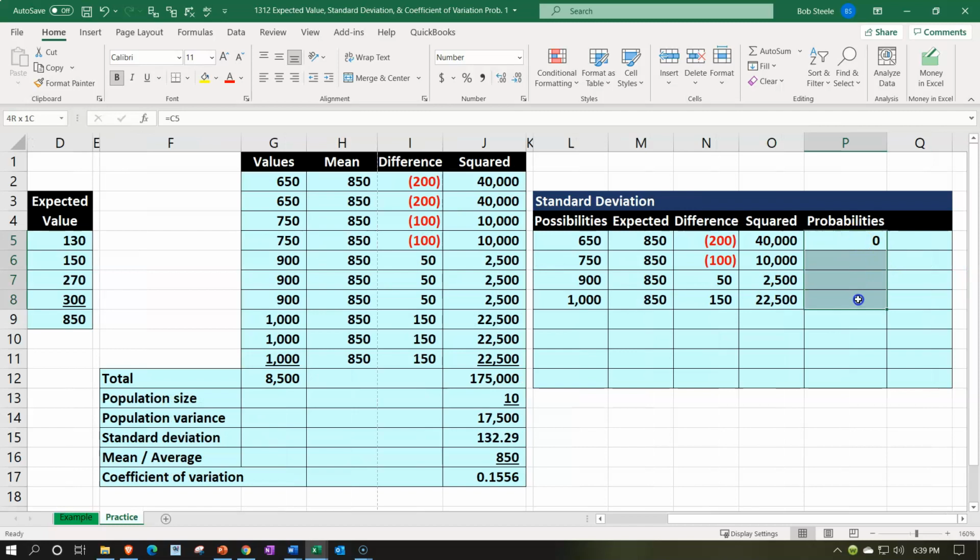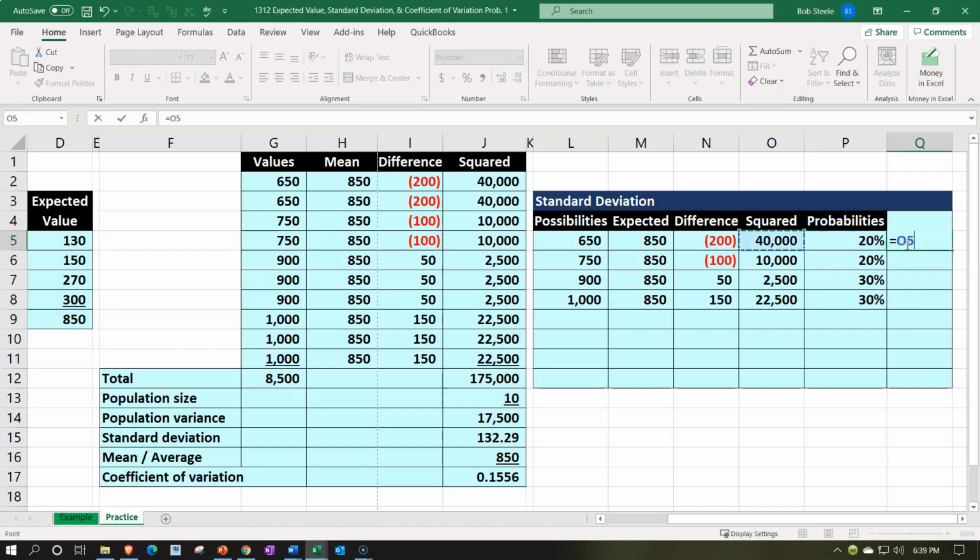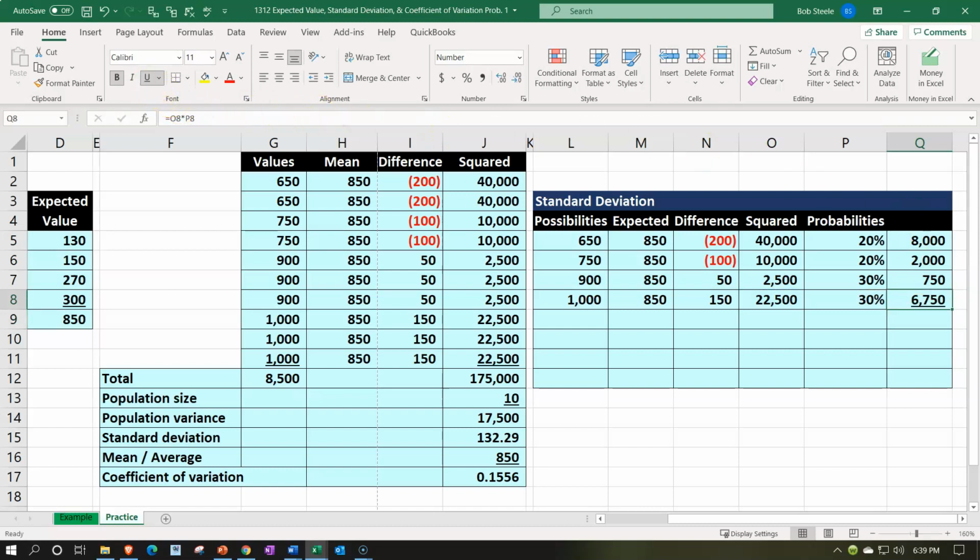Let's take this whole 4 cells and make them a percent, go into the number group, percentifying them, and I'll copy this down so it picks up the 20, 20, 30, 30, and then we multiply this out, 40,000 times the 20%, and 10,000 times the 20%, and this equals 2,005 times the 30%, this equals the 22.5 times the 30%. That's going to give us our 6,750.